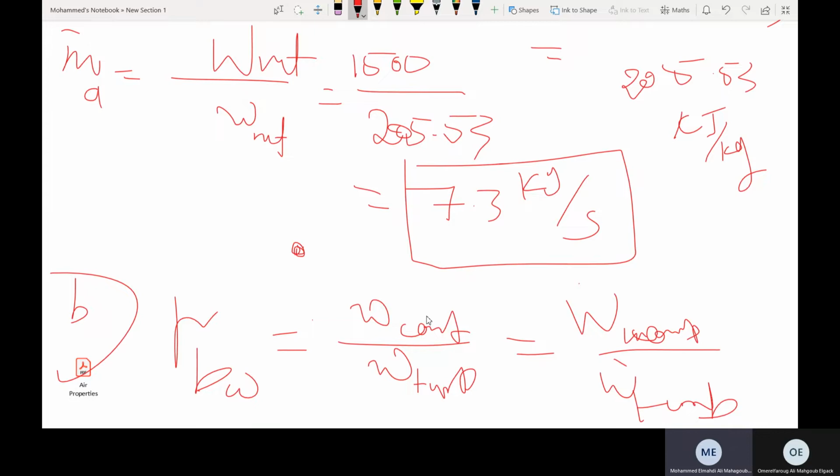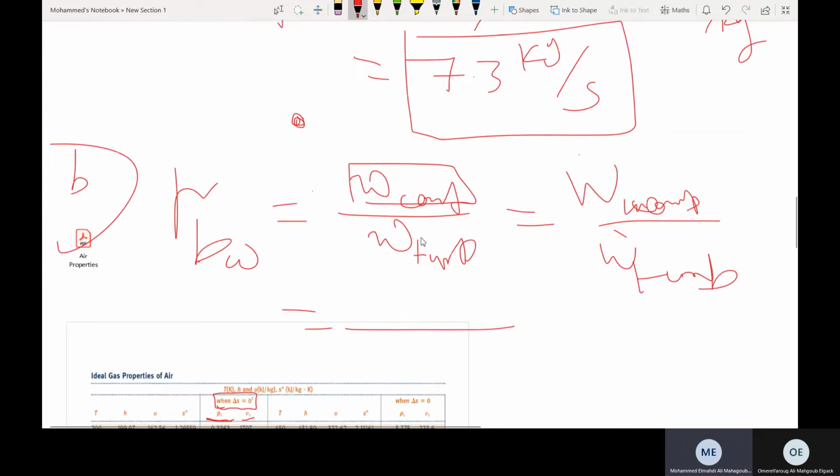But now we have specifics, so we can use them. Again, H2 minus H1, and here H3 minus H4, and always use actuals. These points don't have actuals or isentropic because they are the beginning of the process. These are the ending of the processes, point 2 and point 4.